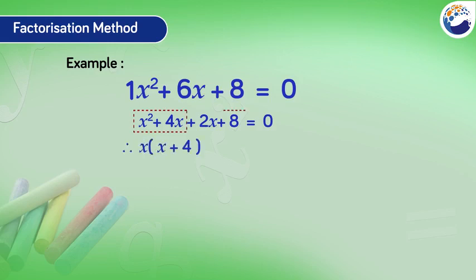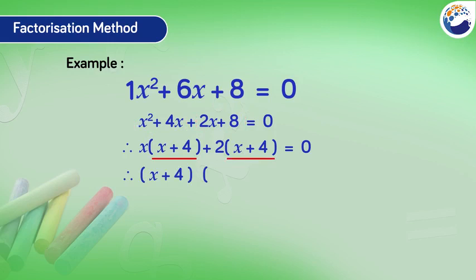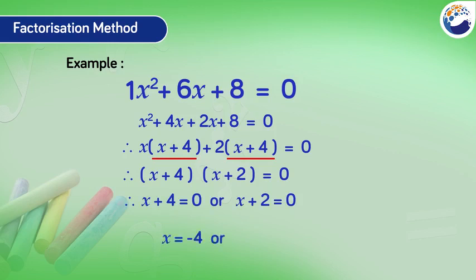X into x plus 4 plus 2 into x plus 4 is equal to 0. Therefore, taking x plus 4 common, it will become x plus 4 into x plus 2 is equal to 0. Therefore, x plus 4 is equal to 0 or x plus 2 is equal to 0. Therefore, x is equal to minus 4 or x is equal to minus 2.